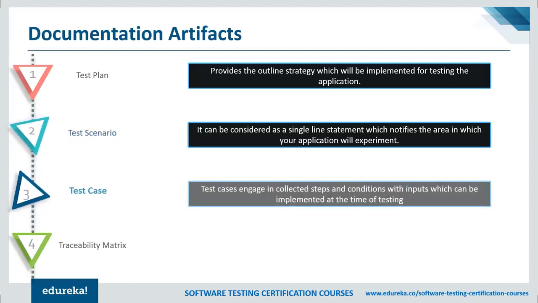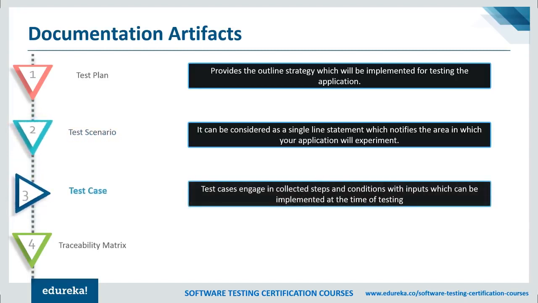Next is the test case. Test cases consist of a collection of steps and conditions with inputs which can be implemented at the time of testing. This activity focuses on making sure whether a product passes a set of tests or fails by any means, such as functionality or other aspects. Many types of test cases are checked during testing, like functional test cases, negative error test cases, logical and physical test cases, and user interface test cases as well.